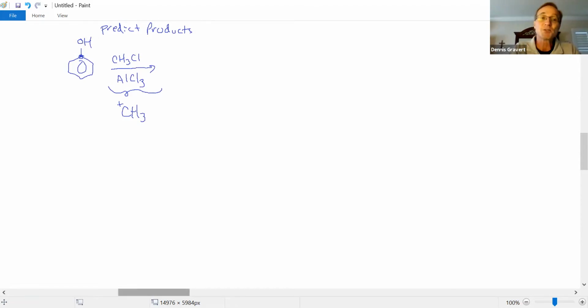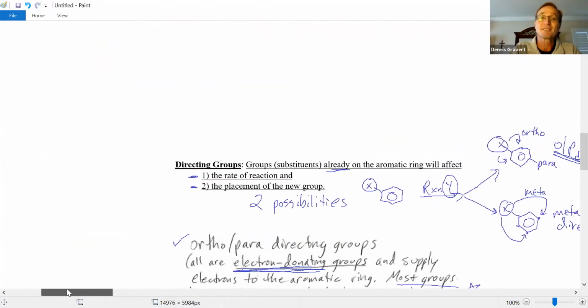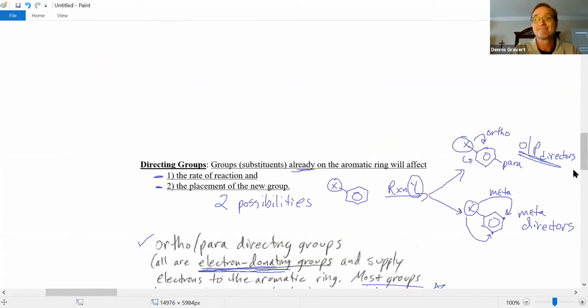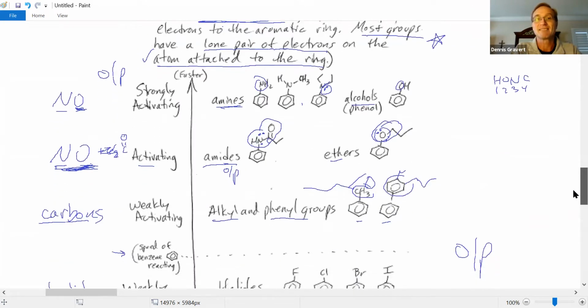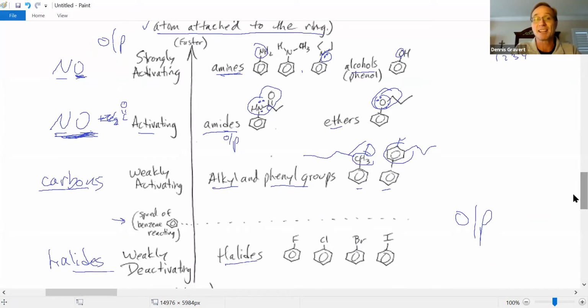You got to know who's the friendliest group sitting at benzene. It's this list. No carbons, halides. The alcohol and the amines are the partiers. Amides and ethers, yeah, come on over, join me. Alkyl groups, phenyl groups, they like having a good time. Halides a little grumpy, but they'll tolerate you. Meta directors don't want anything to do with you.